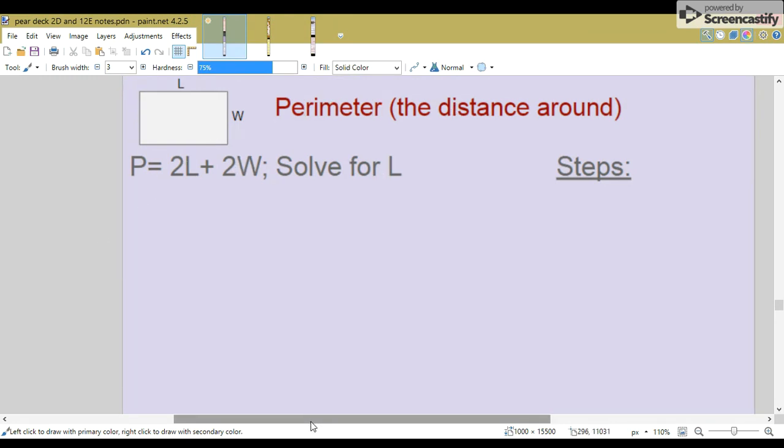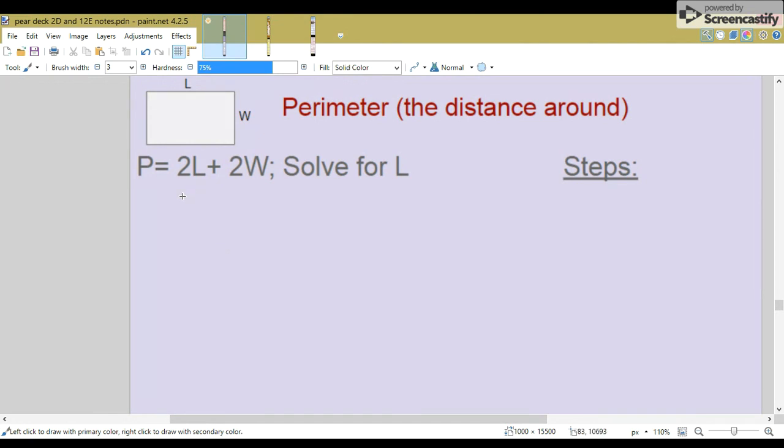So here's what you want to do with this kind of situation. First, rewrite your equation to make room.